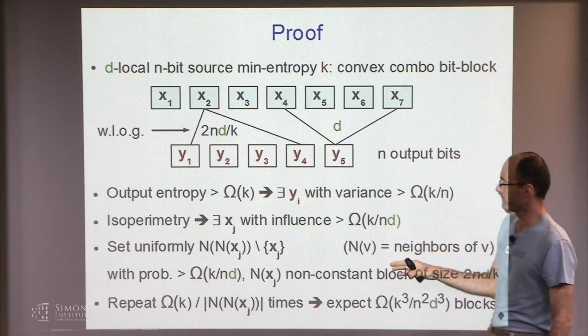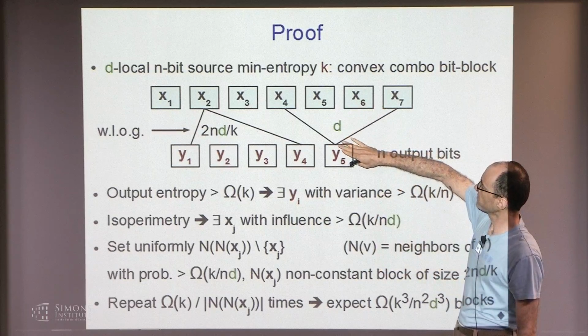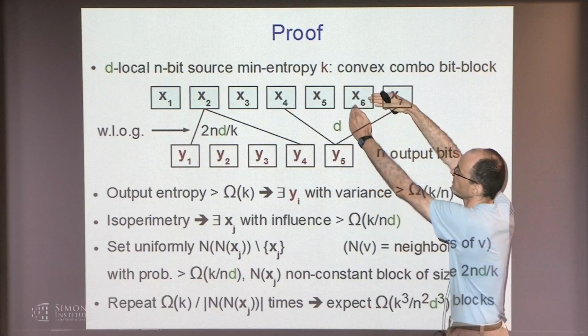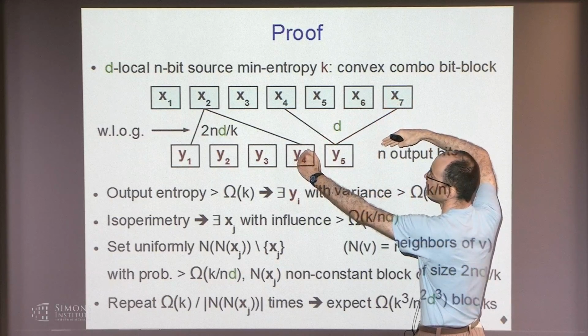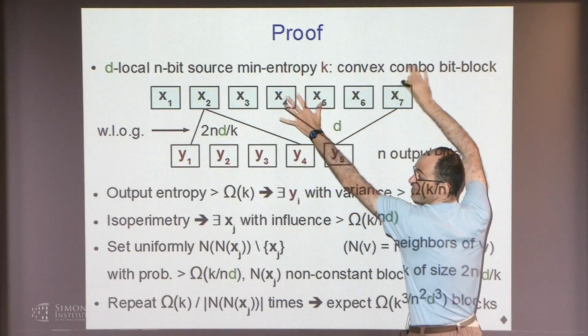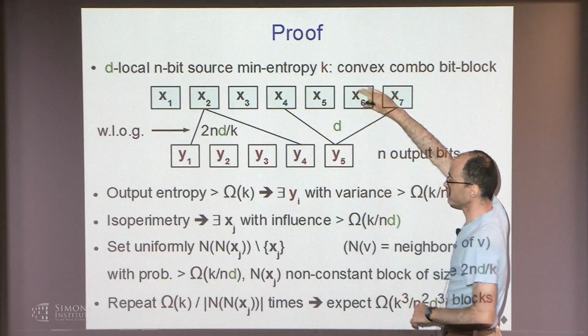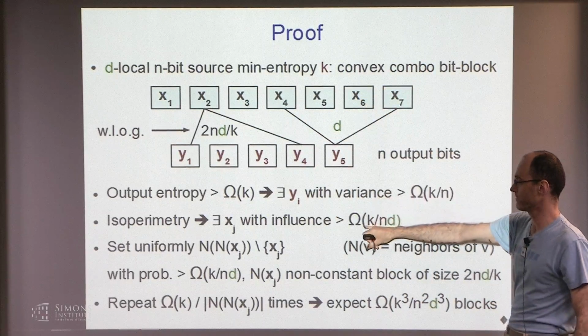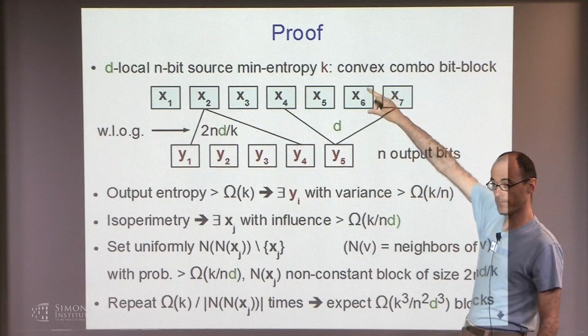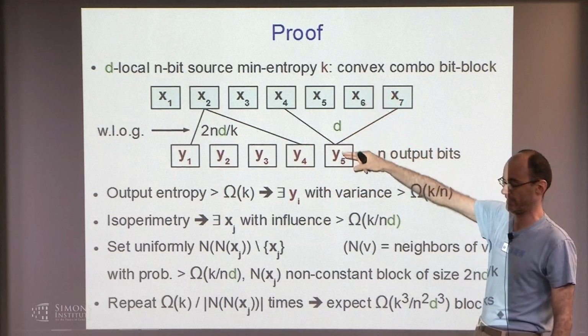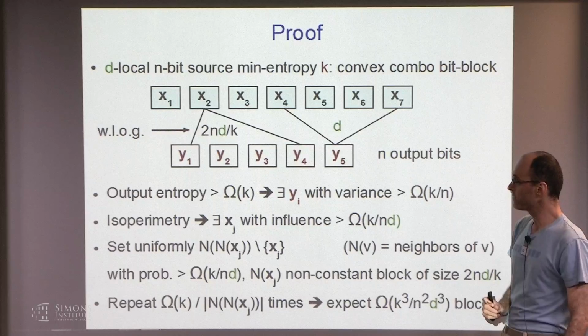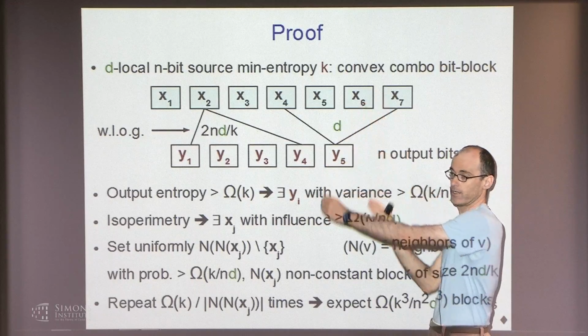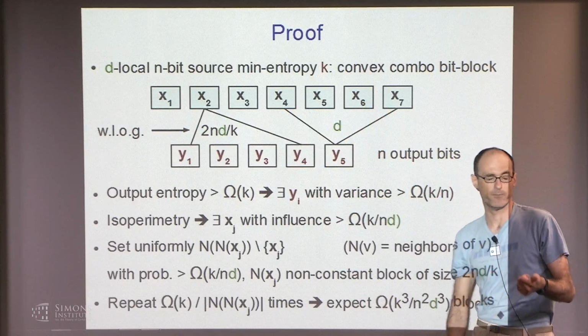So once you do this, the neighborhood of this bit here will just depend on this bit because you fixed anything else. Okay? And this thing with the probability that comes from this influence bound is still alive, means it's still going to affect the block. Okay? So that's going to give you one block, so one bit of min-entropy.